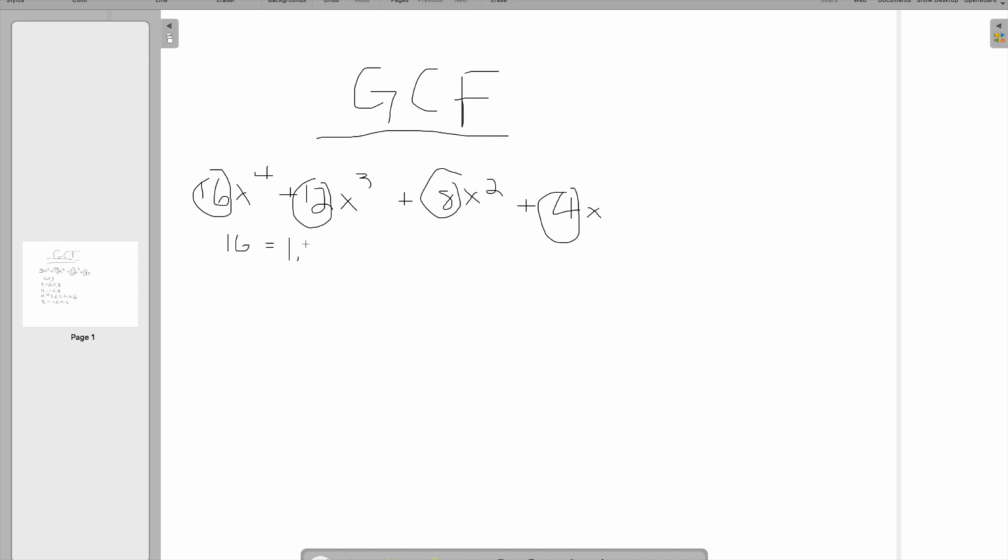So 16 has 1, 2, 4, 8, 16 as its factors. 12 is divisible by 1, 2, 3, 4, 6, and 12.